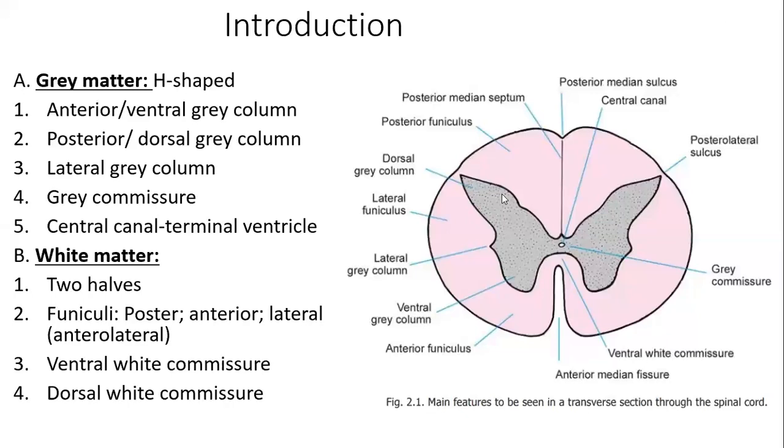Whereas the posterior gray column, which is also called the dorsal gray column or the dorsal gray horn, is a narrow, elongated mass of gray matter that extends till the surface of the spinal cord.